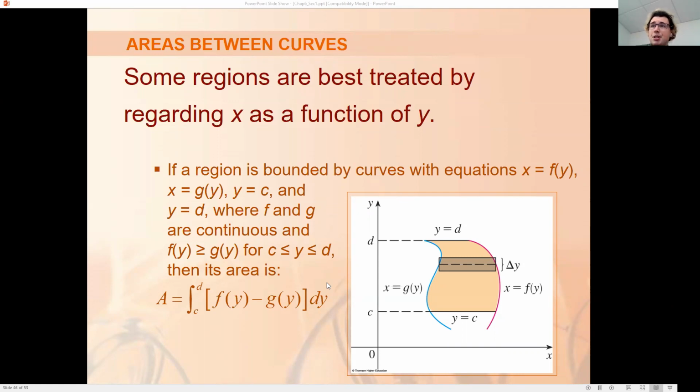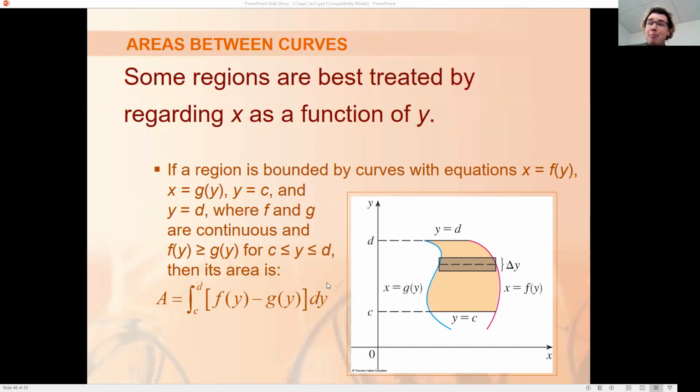But here in this picture, I have two different curves and both of them fail the vertical line test. Neither the red nor the blue curves are functions of x. Now, we still might be interested in that area sitting between the two curves.